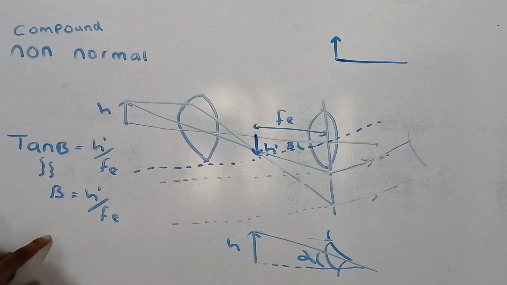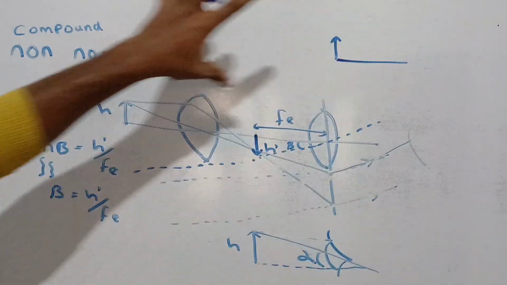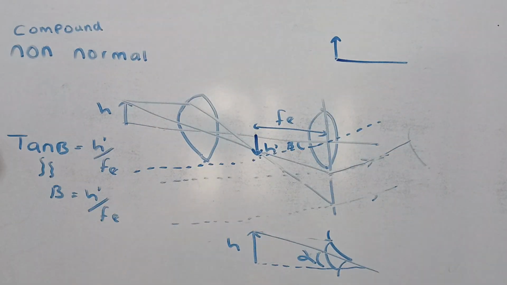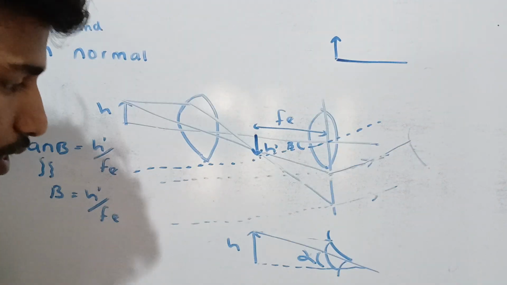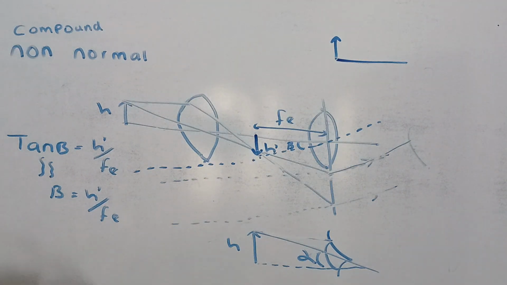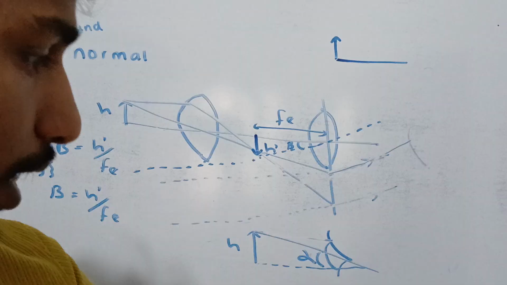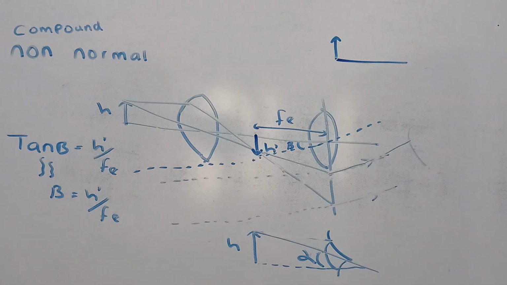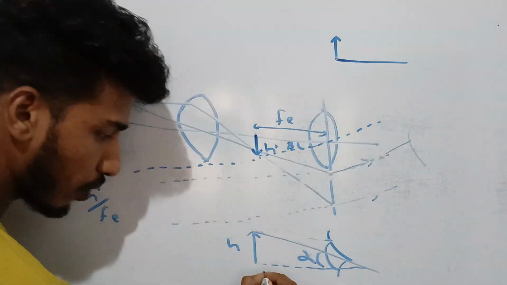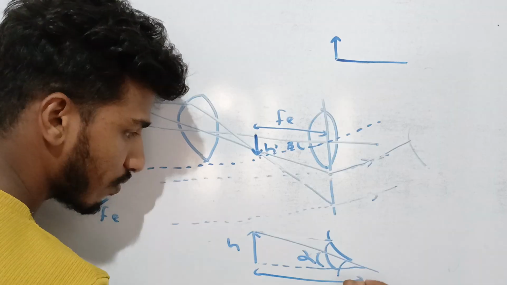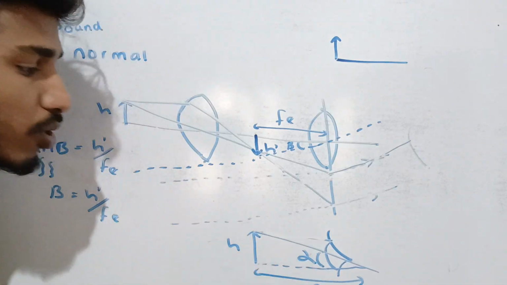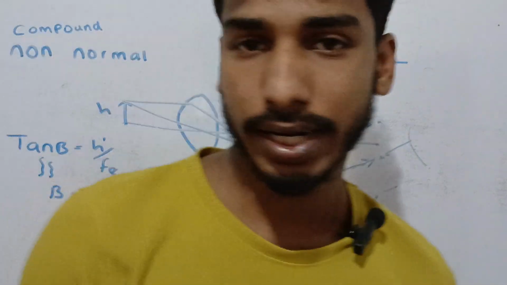So beta is the angle created on the eye since you are using the equipment. Without any equipment, what is the angle? Let's say it is alpha, and we must understand it is clearly visible only if we place it at the least distance of distinct vision. Only when you place it at the least distance of distinct vision are you able to see that. Now make sure to understand this, okay?